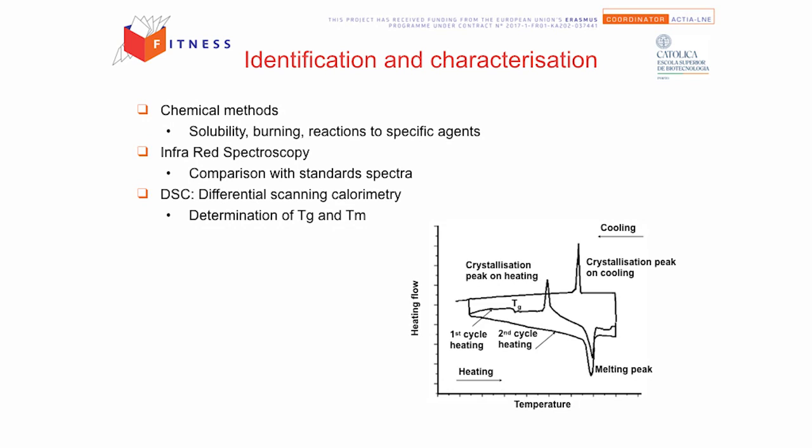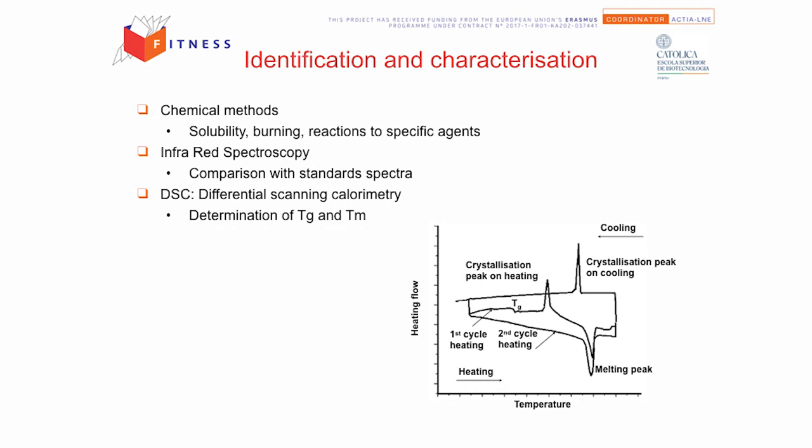And I think that some of you have seen this type of thermogram. When we heat the material, in the first cycle this little step usually identifies the glass transition temperature. Then we may or may not have a crystallization heating peak. Then we have the melting peak. And when cooling down, for materials that can crystallize, we can see the crystallization peak on cooling.